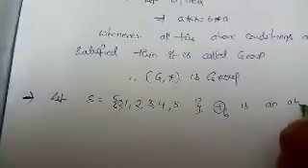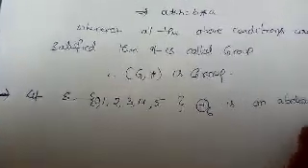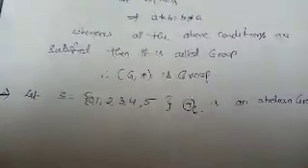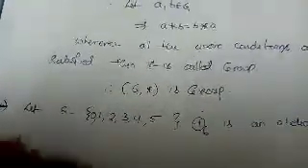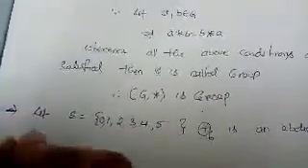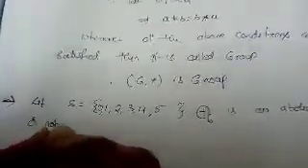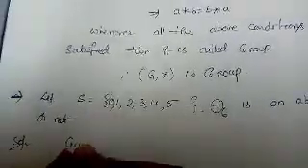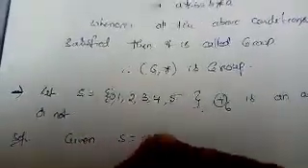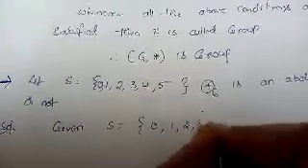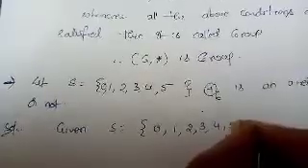Is {0, 1, 2, 3, 4, 5} under addition modulo 6 an abelian group or not? Solution. So what is given? Given the set S equal to {0, 1, 2, 3, 4, 5}.